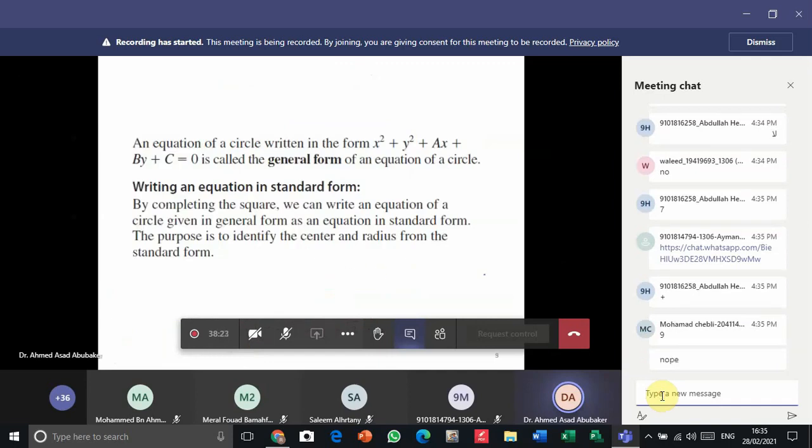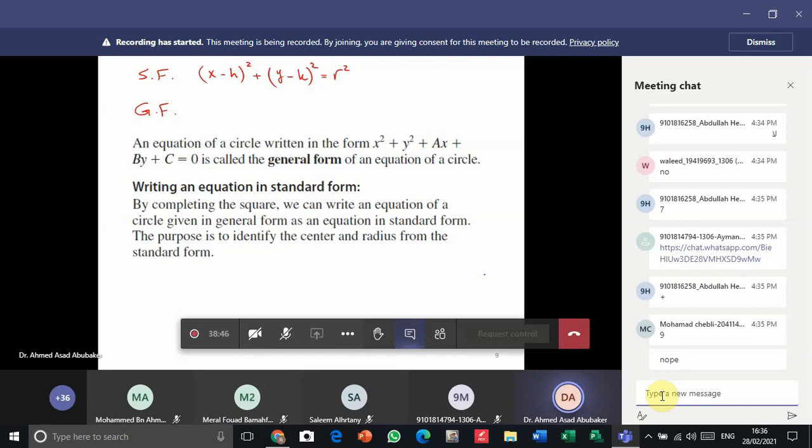Now, also we have the general form. We have the standard form of the circle: x minus h square plus y minus k square equal r square. This is the standard form. But also we have the general form.